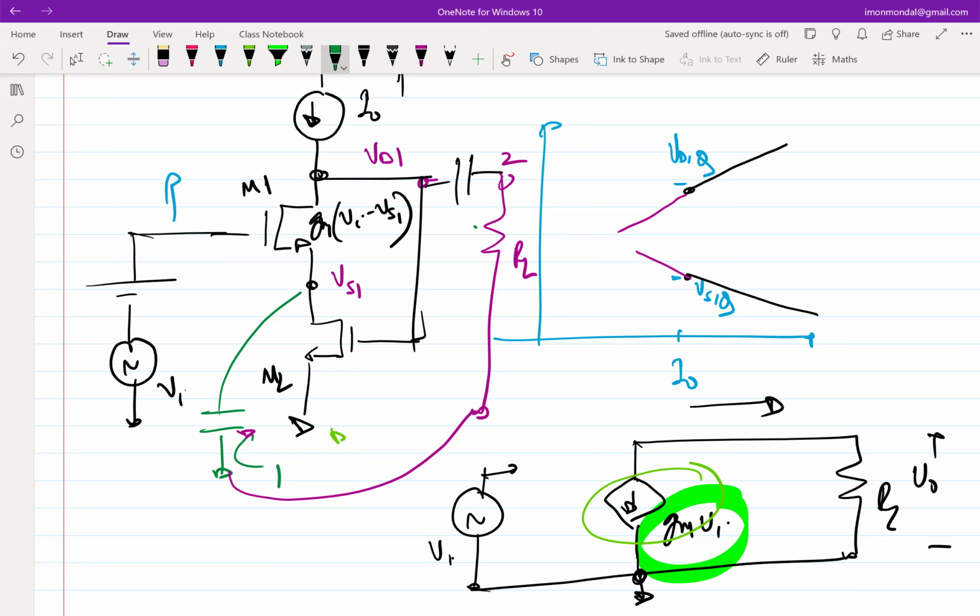Okay. So now let me come back to his point. His point was, if this guy moves, by the way, the direction will be opposite. If this is this way, this should move the other way because there is an inversion. So this has the voltage of M2, the gate of M2 is also moving, right? Incrementally, the gate of M2 is also moving, which means the current through M2 is also going to change, right? Agreed.